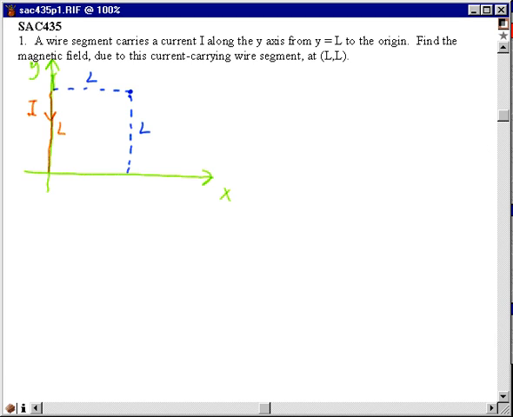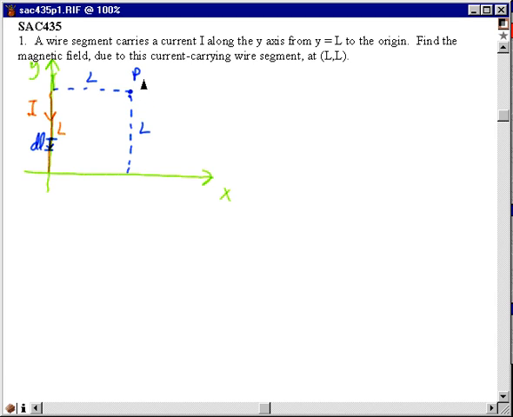Now the idea is that each little segment of the wire, say this one for instance, each dL, which I'll consider to be in this direction, the same direction as the current, makes a contribution to the magnetic field at this point.